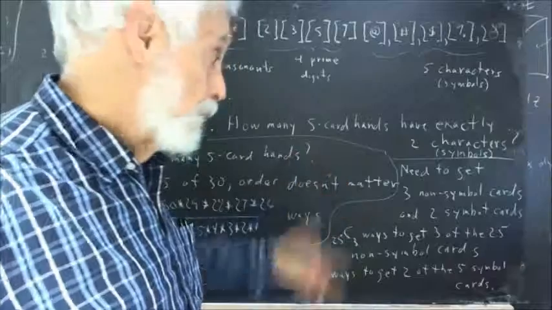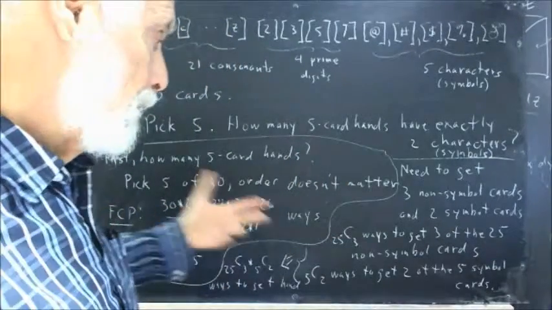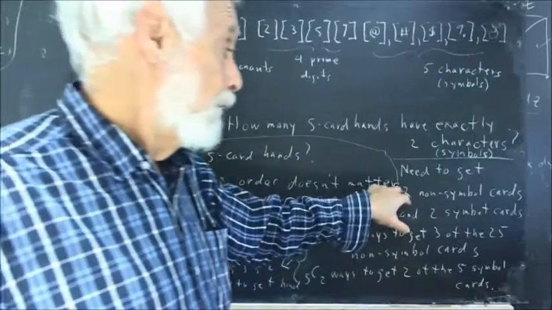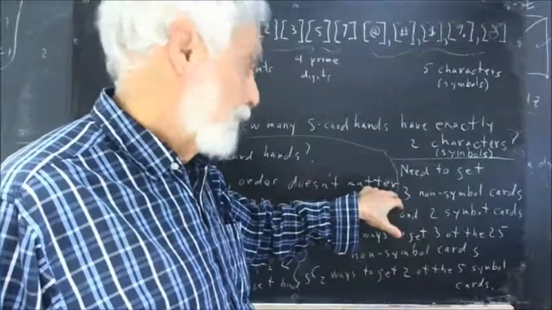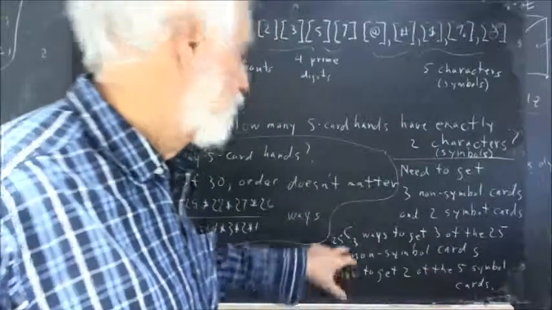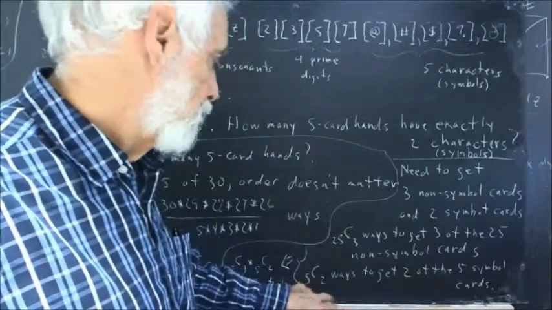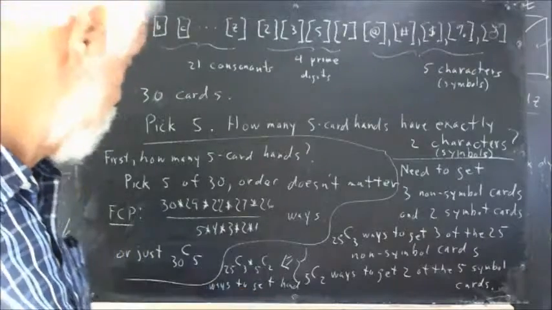So we're going to use the fundamental counting principle, saying that, well, we got to do this and we got to do this. We're breaking this into a two-step problem. Get 3 non-symbol, 2 symbol cards. We're going to multiply this number by this number to get the total number of ways to get our hand. Okay?